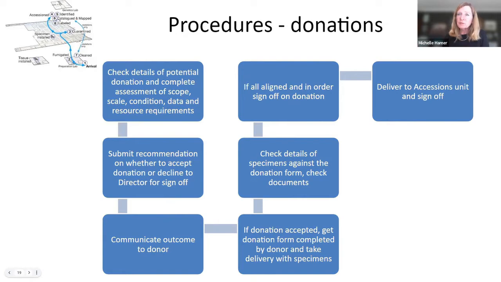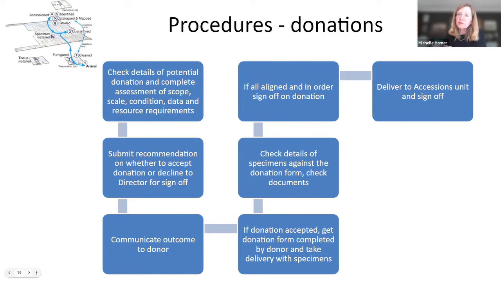You'll do your assessment of whether it meets the scope and scale of your institution, whether you've got the resources to take it. You'll submit a recommendation to the director or whoever signs off on that. Then you'll tell the donor, yes, we can accept your material. Then you'll complete the donation form.